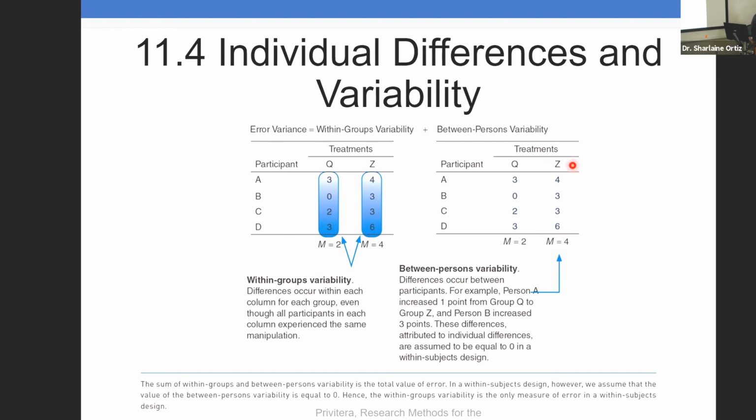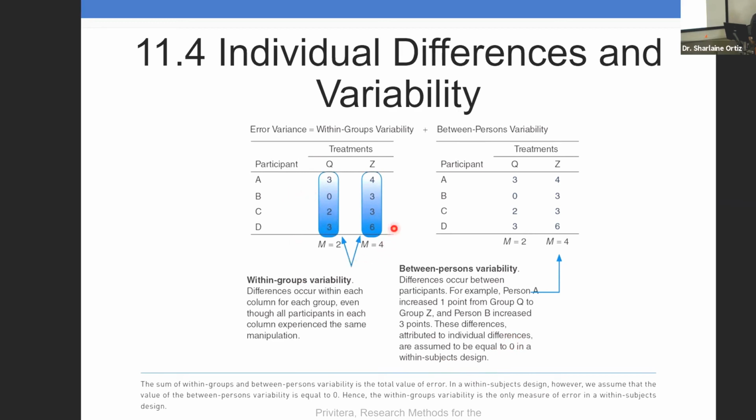So these differences that I am observing could generally be attributed, as stated here, to those individual differences. Because generally we assume that the individual differences here are zero, because I am observing the same group.